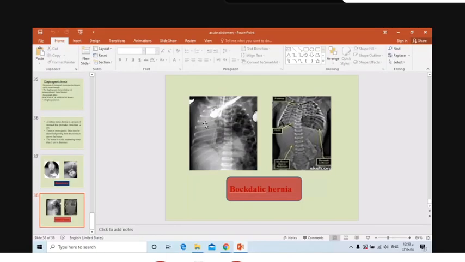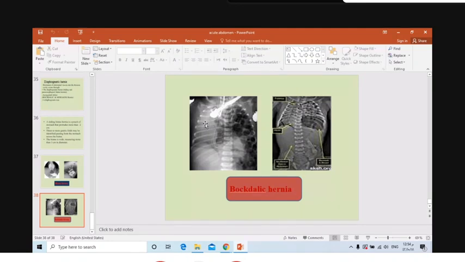The sign of Bochdalek hernia is multiple bowel loops extended into the hemithorax. Contrast study will also show multiple dilated bowel loops containing contrast extending into the left hemithorax.